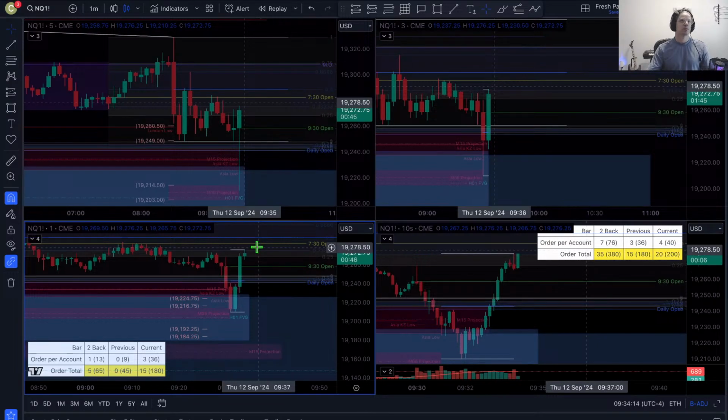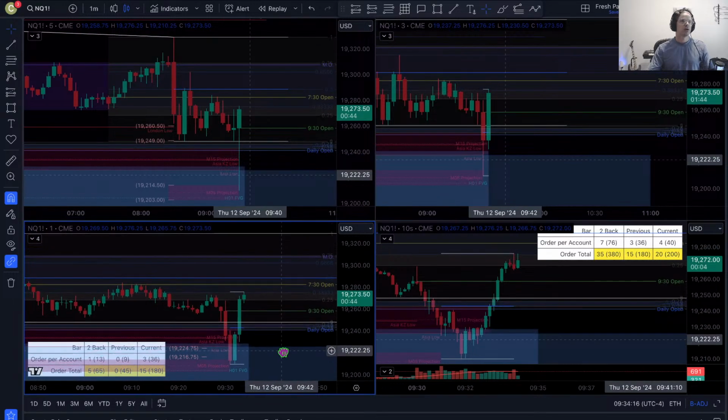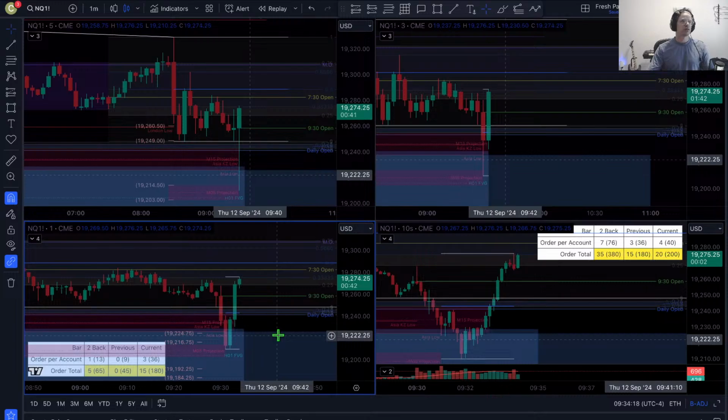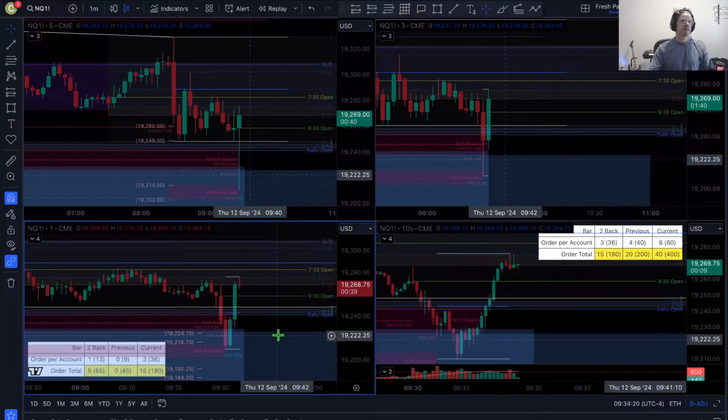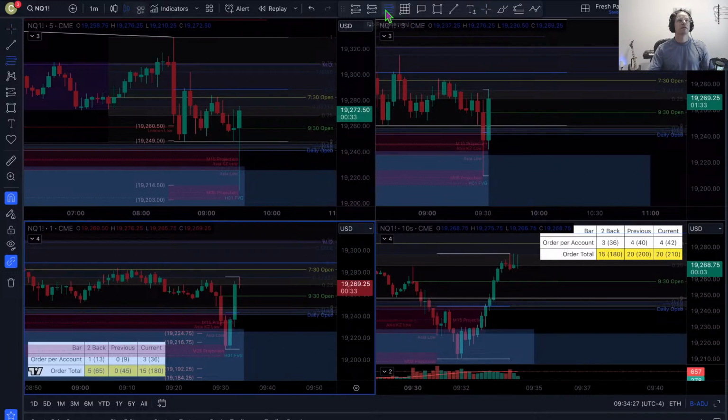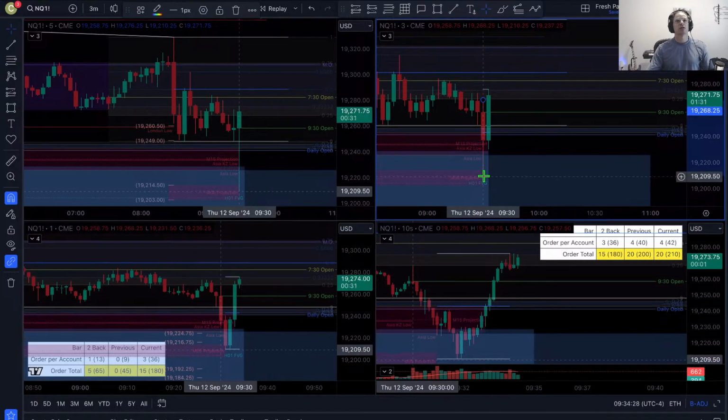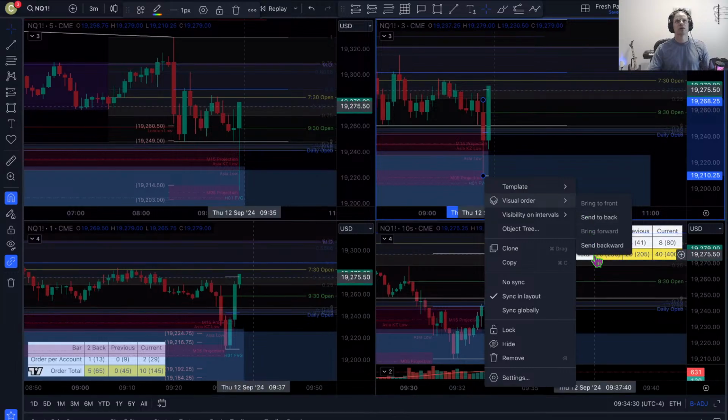Notice that we are still in the lower quarter of the Q2 range. If this turns into manipulation, there's your M3 manipulation leg.